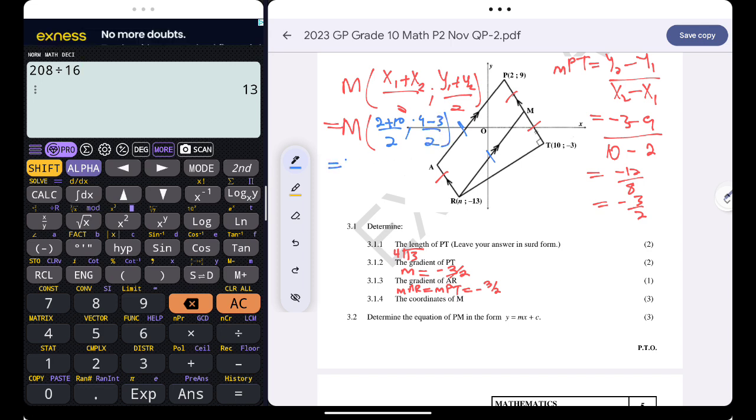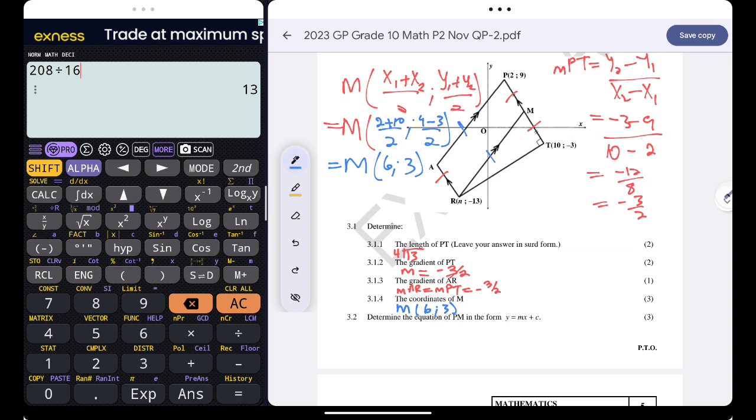The coordinates of M will be 12 over 2, I'll get 6, and 9 minus 3 is 6 all over 2, I'll get 3. So the coordinates of M is (6; 3).